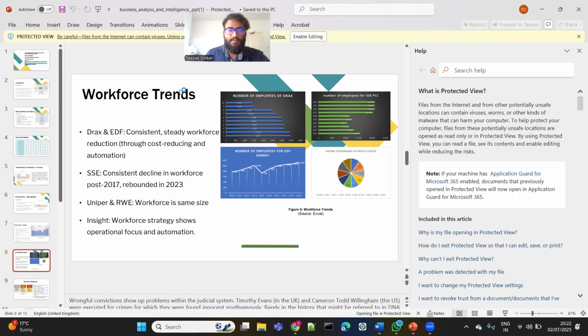The liquidity ratio of Uniper UK has grown from 0.39 in 2014 to 3.58 in 2023.